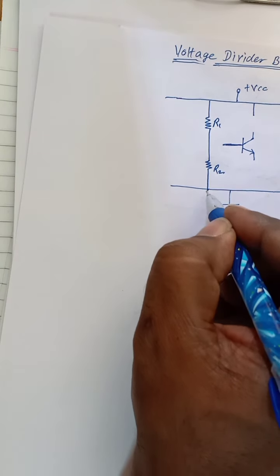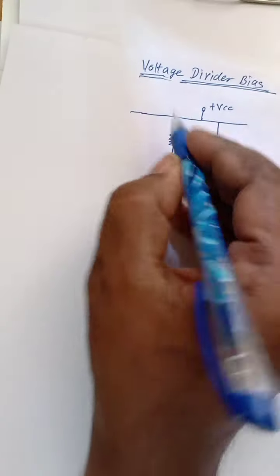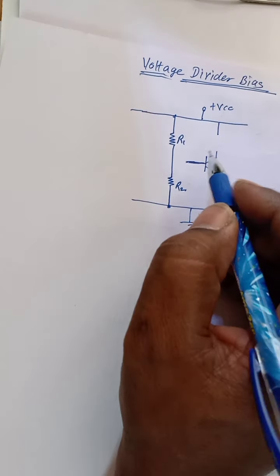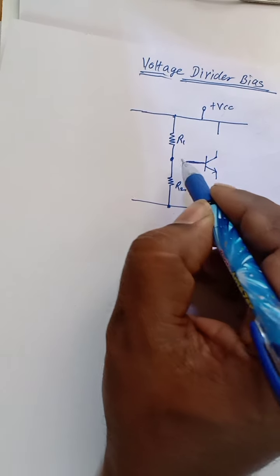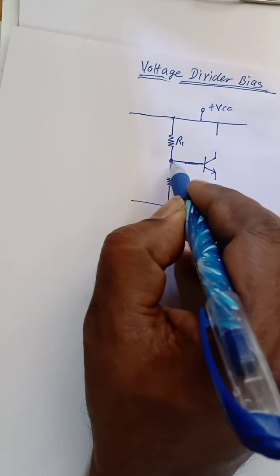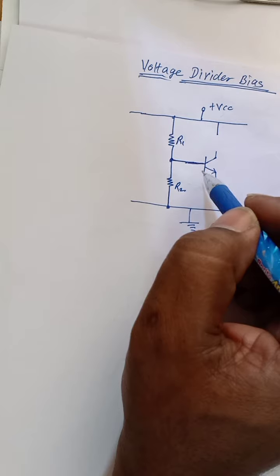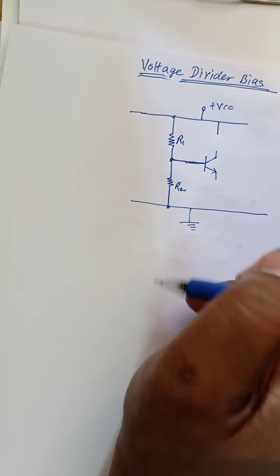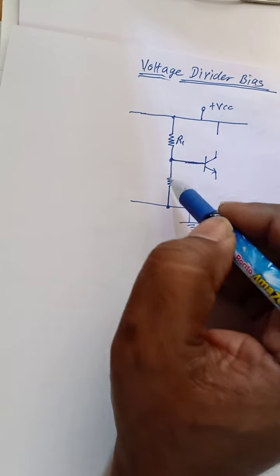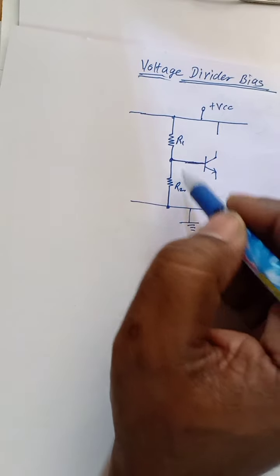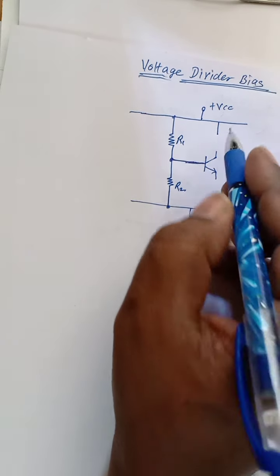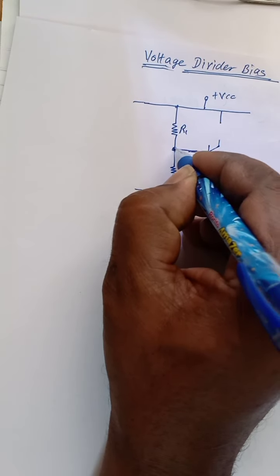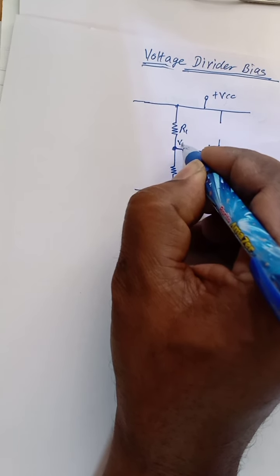These are connected in series, and whatever voltage is across R2 is given to the base of the transistor. Because of this, the R1 and R2 arrangement is known as voltage divider biasing. So this is the base voltage VB.